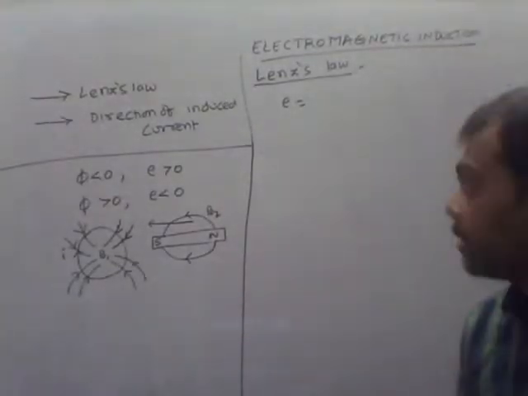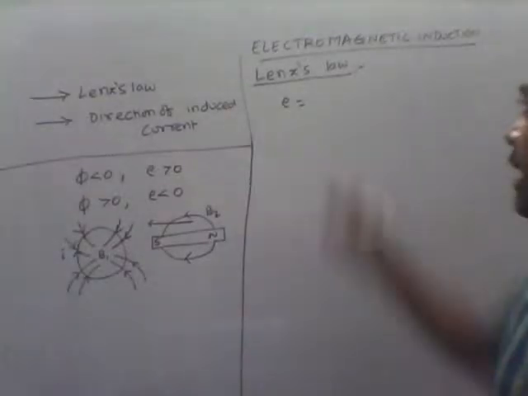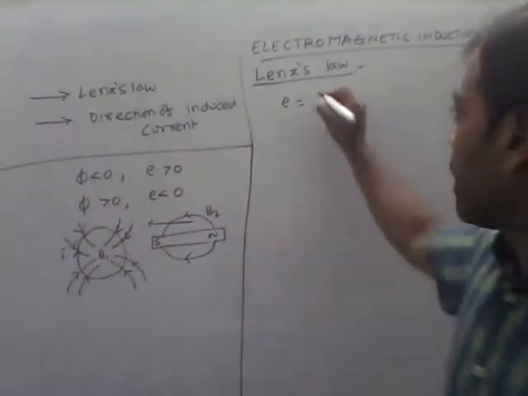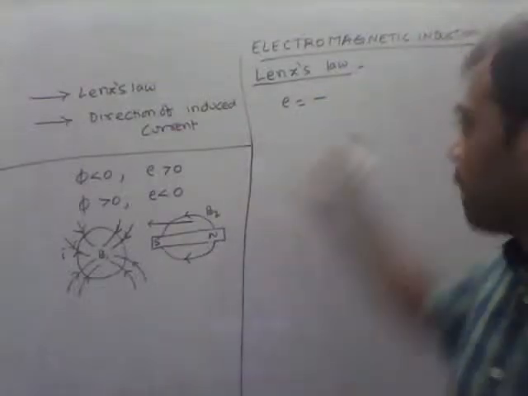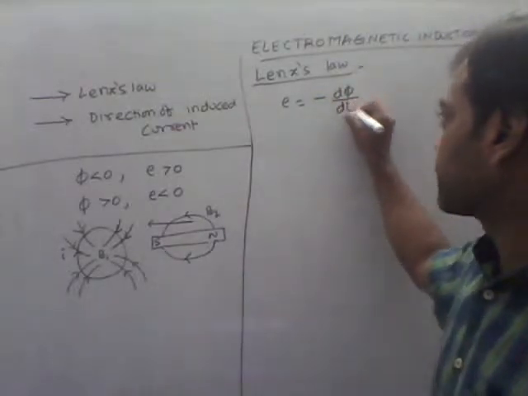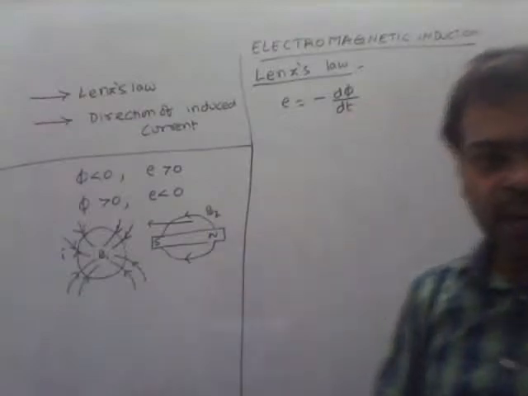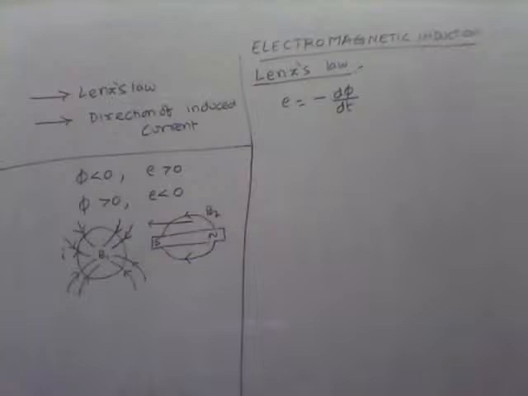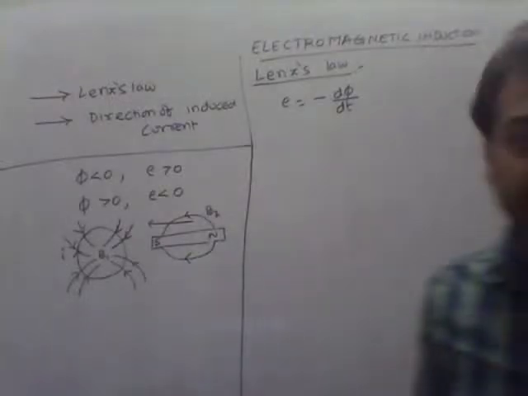Now, according to the Lenz law, the induced EMF in a coil opposes the rate of change of magnetic flux. So I can write E is equal to minus d phi by dt.